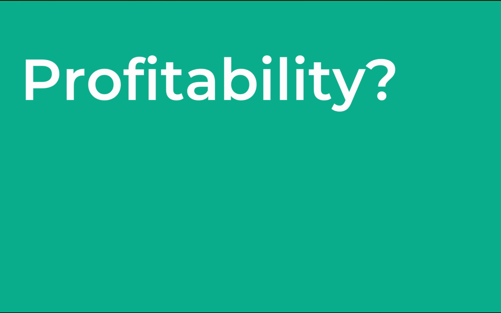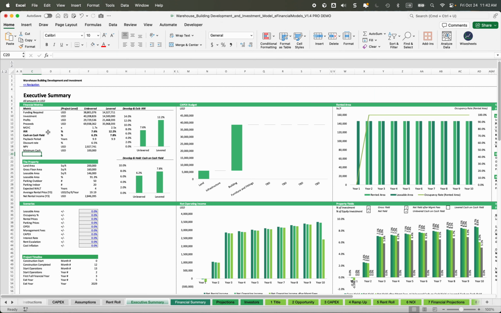Now we want to reach a conclusion, whether it's a good idea to invest into this warehouse development project or not. So we need to look at the overall profitability of this project. And the way to do that is to basically look at the profitability metrics. So we look at the IRR and then we look at the cash on cash yield. In this case, you see that the IRR, we can calculate it unlevered and levered.